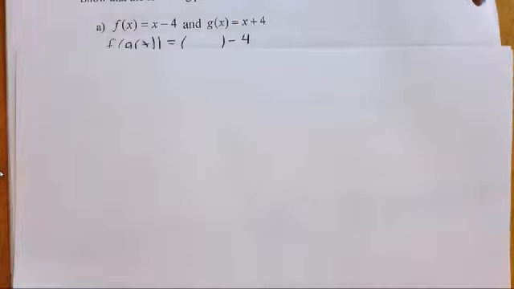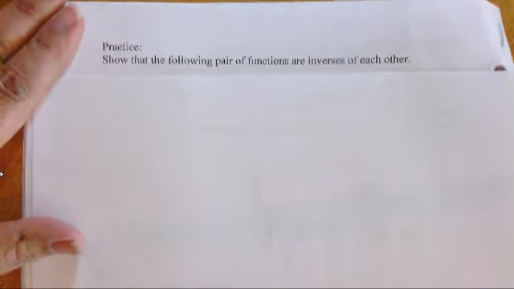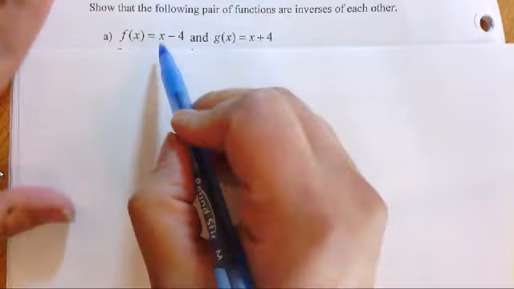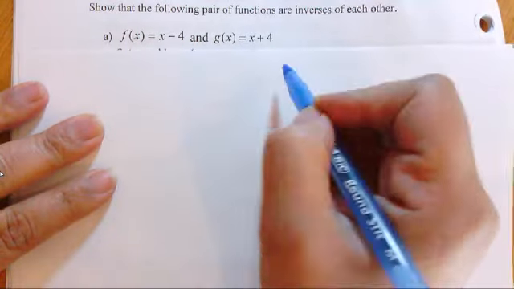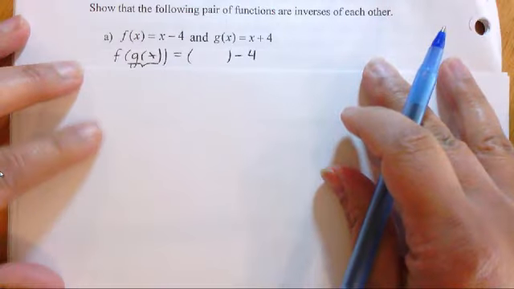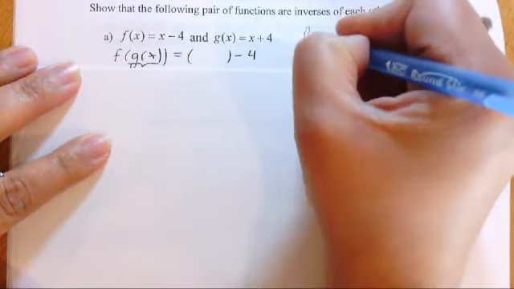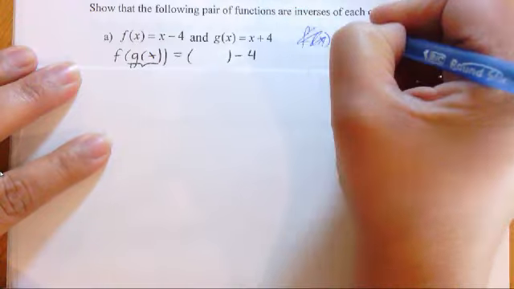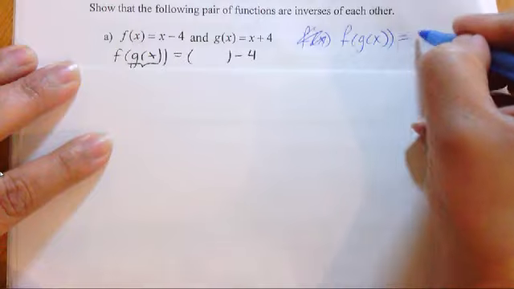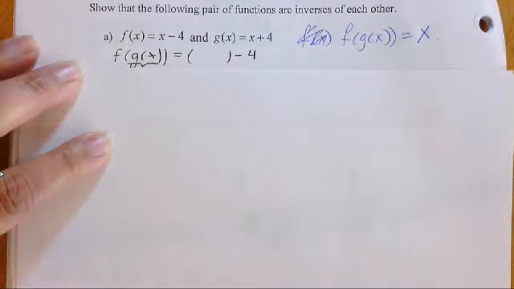Okay, so for these questions here, we've got f of x being x minus 4 and g of x is x plus 4. So are these inverses of each other? Well, we have to show that f of g of x is equal to x.